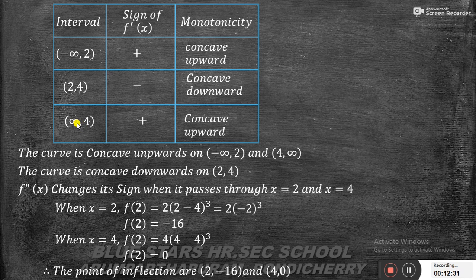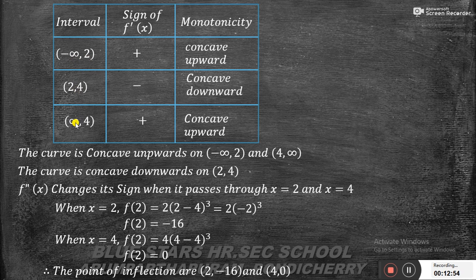So the third interval is 4 comma infinity, not infinity comma 4. First was minus infinity comma 2, then 2 comma 4.